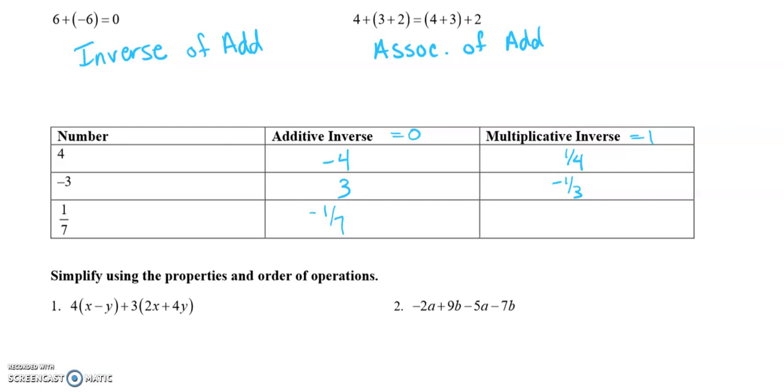So basically you're changing the sign. And then the multiplicative inverse would be 7. 1/7 times 7 gives us 1. So for the additive inverse, we are changing the sign, the positive or negative. And for the multiplicative inverse, we are looking for the reciprocal, but the sign part stays the same.